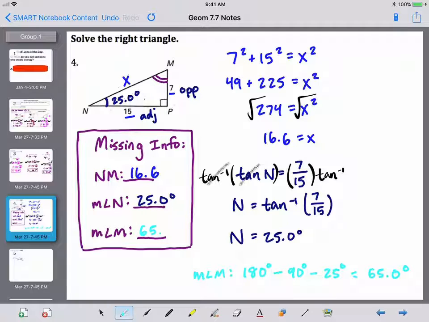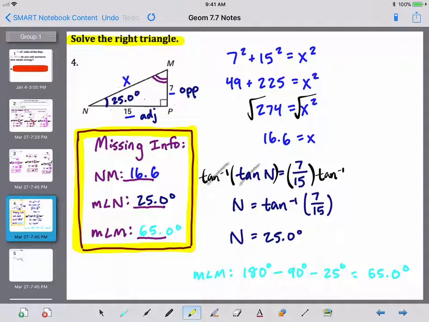All right, so there's the measure of angle M. So we've found all of our missing info. We know every single angle and every single side in this triangle, so that is solved. That's what it means to solve a right triangle.